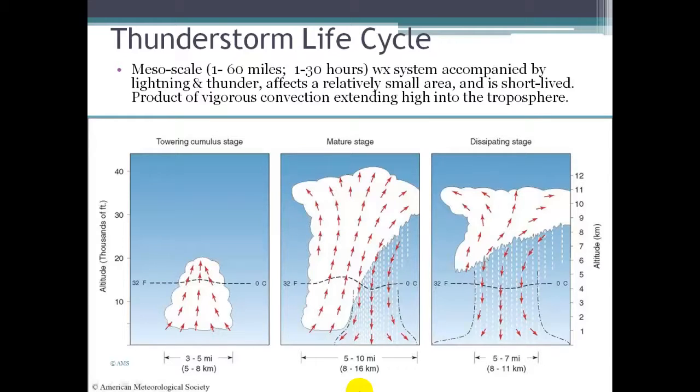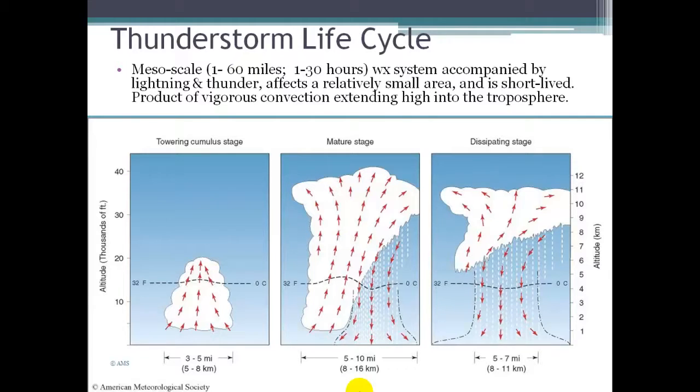And then finally, the dissipating stage is where the downdrafts have overtaken the updrafts. Basically, the energy, the warm, moist air, has been cut away from the storm, and the cloud is dissipating.